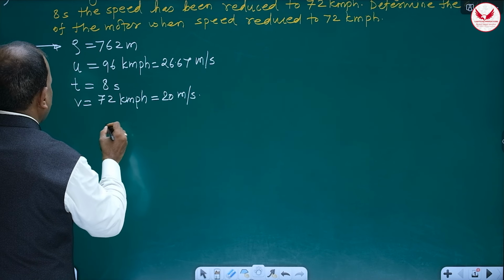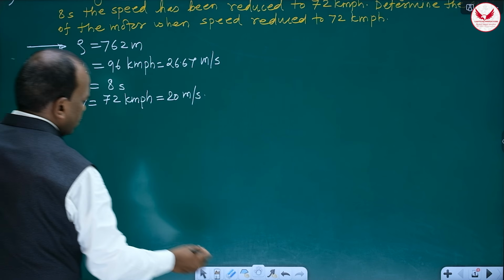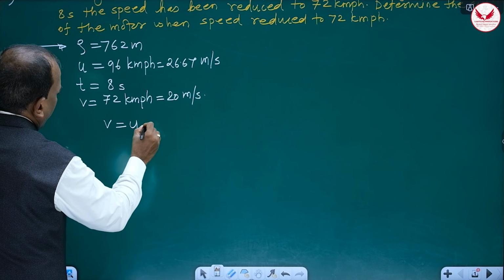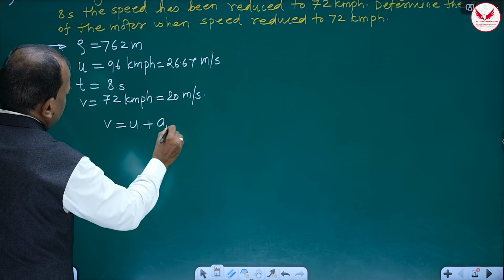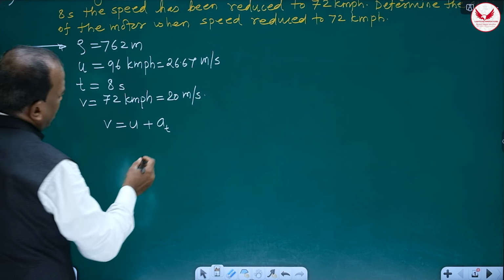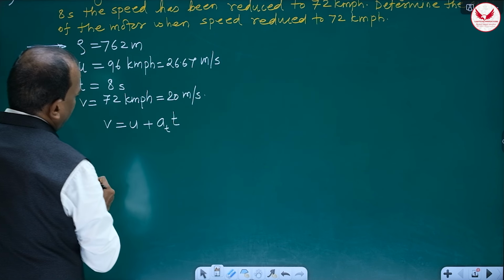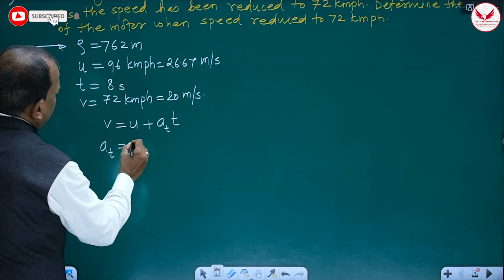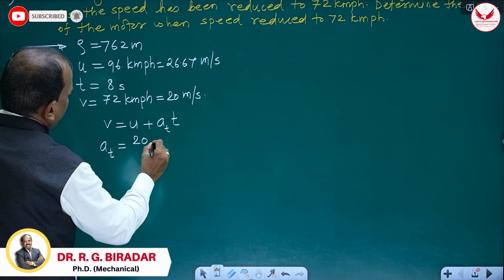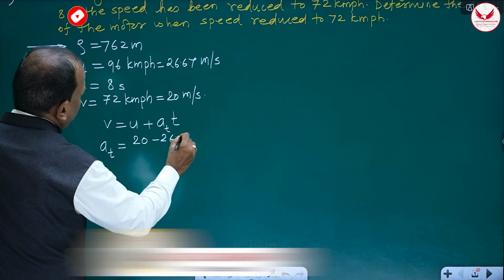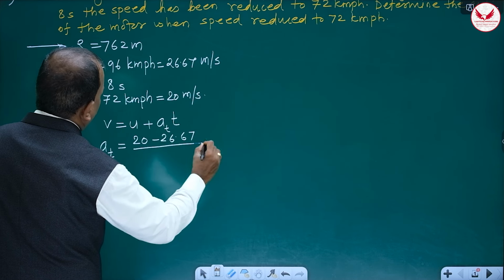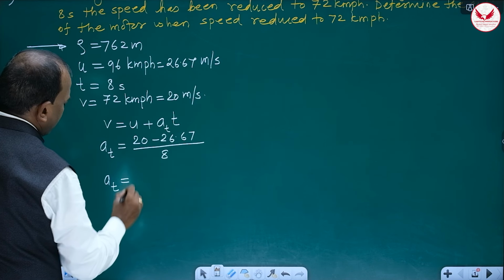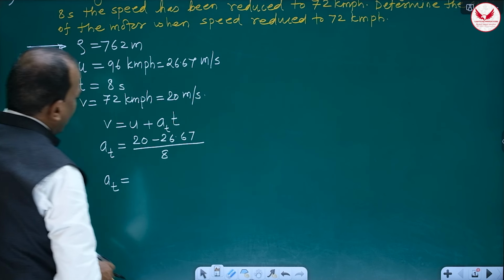So we can use this equation: v is equal to u plus at, because this is moving tangentially along the curve. At into t. This equation we can use. And from this, at is going to be v, that is 20, minus u, 26.67, divided by 8. This is the tangential acceleration.